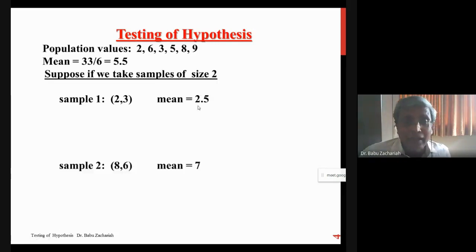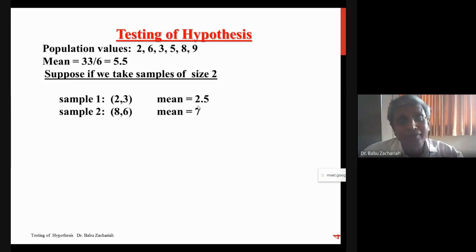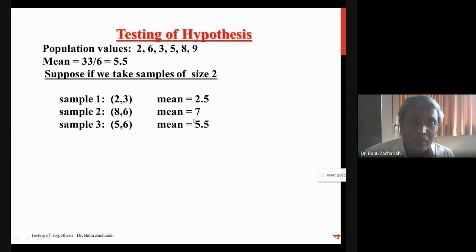I took another sample. Usually it is not taken, but for demonstration, I took another sample. By chance, it happened to be 8 and 6. Total 14 by 2, mean is 7. Third sample I took 5 and 6, 11 by 2, mean is 5.5. Now observe, the first sample tells me that the mean is 2.5, which is very low compared to the population mean.